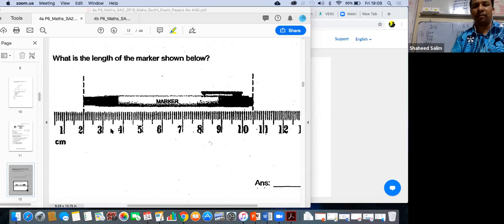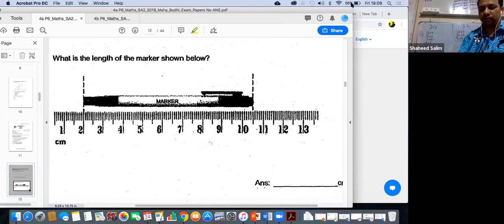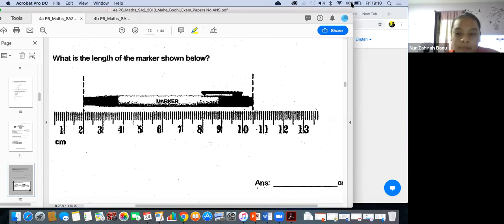This one now. What is the length of the marker? What is the length of the marker? 9.5, is it?